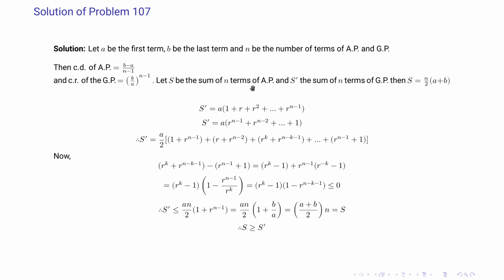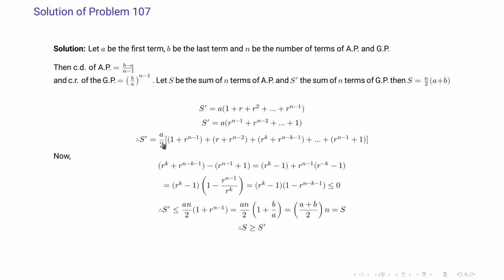Now we let S be the sum of N terms of the AP and S prime the corresponding sum of the GP. Clearly, the sum for the AP would be N by 2 into first term plus last term, that is A plus B. Now S prime would be A into 1 plus R plus R square up to R to the power N minus 1. We reverse the terms and write S prime again. It is A into R to the power N minus 1 plus R to the power N minus 2 up to 1.